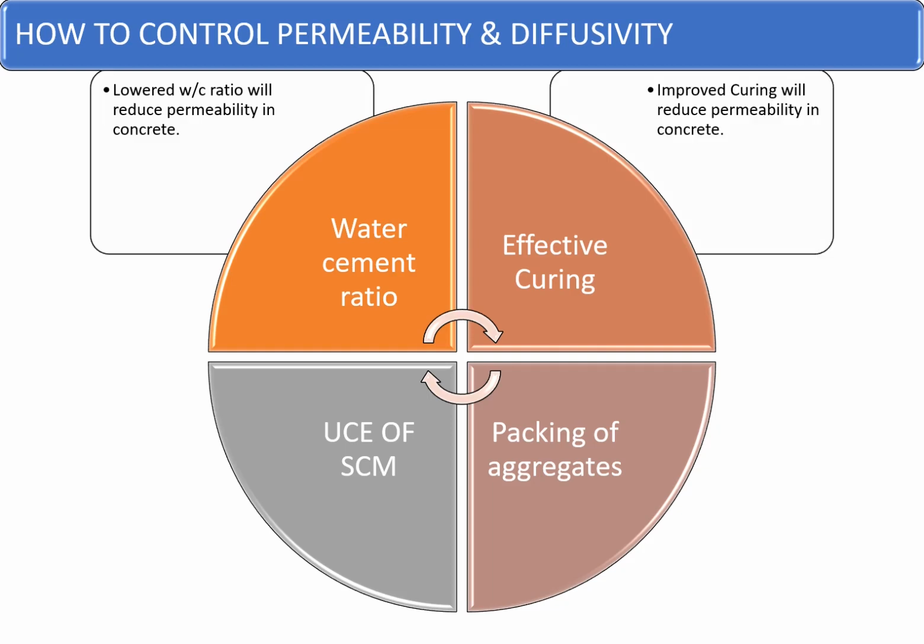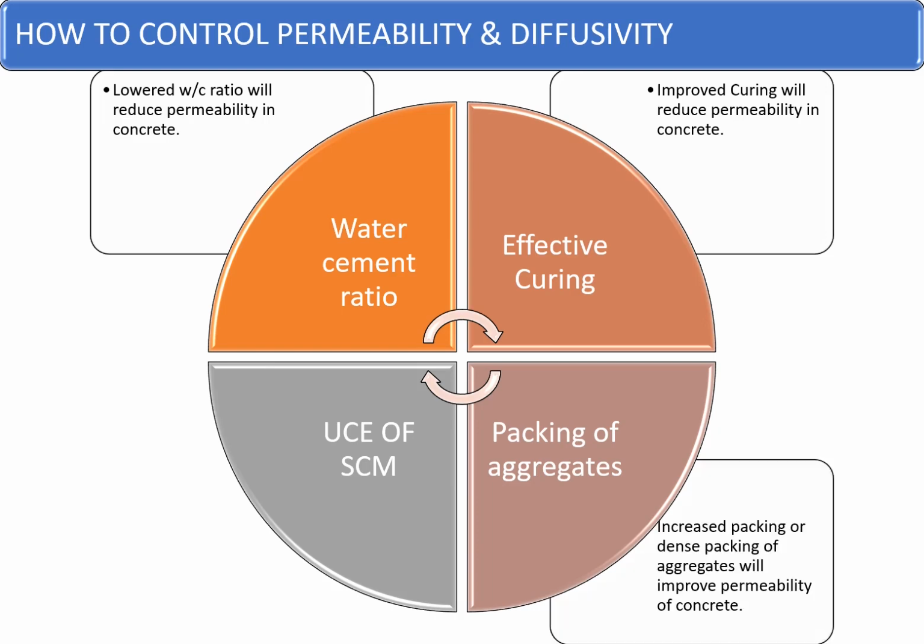Effective curing means improved curing will reduce the permeability of the concrete, because improved curing will reduce the cracks developed on the surface of the concrete, which will not further allow the movement of the liquids inside the concrete, thereby reducing the permeability of the concrete.